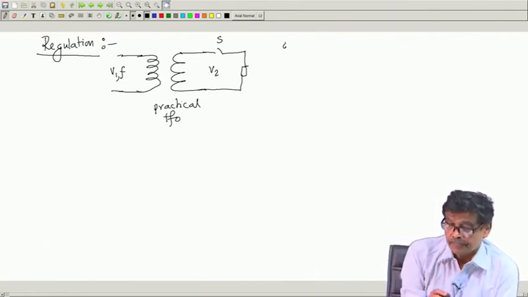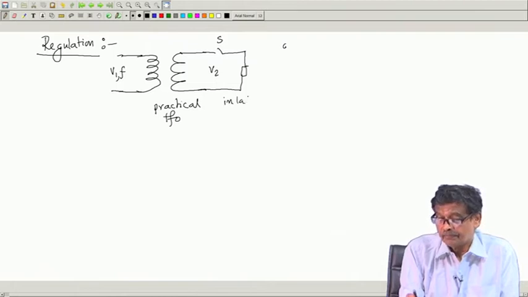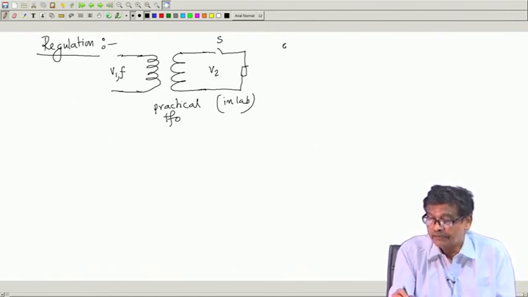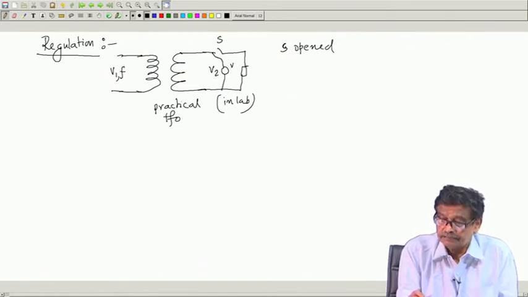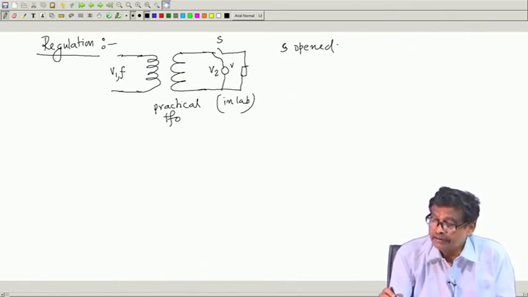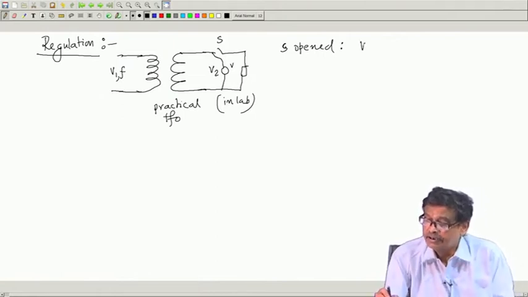What you do, you apply rated voltage at rated frequency. In practice, in lab, you have energized with rated voltage and frequency. With S open, measure this voltmeter reading. You connect a voltmeter here. With S opened, this voltmeter reading whatever you will get, I call it V20.